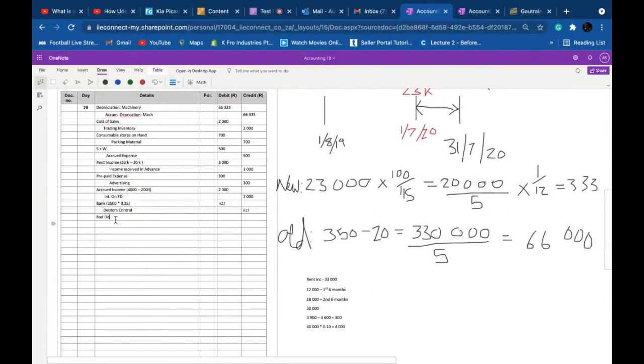entering this. Bad debt or credit losses. And this is obviously then going to be your, what is this? How much did he owe? 2,500 minus what he paid, which was 625, which will then obviously give you how much? Minus 625, that's going to give you 1,875.